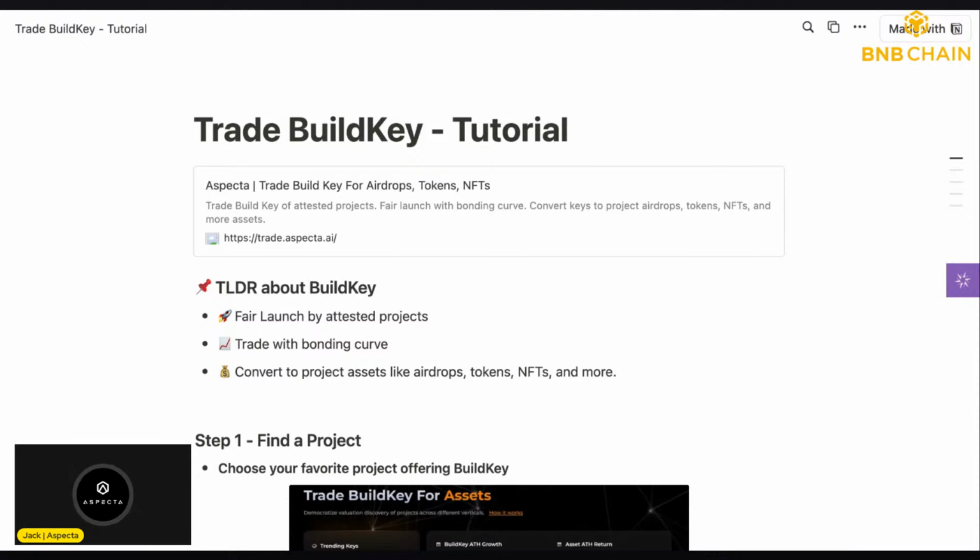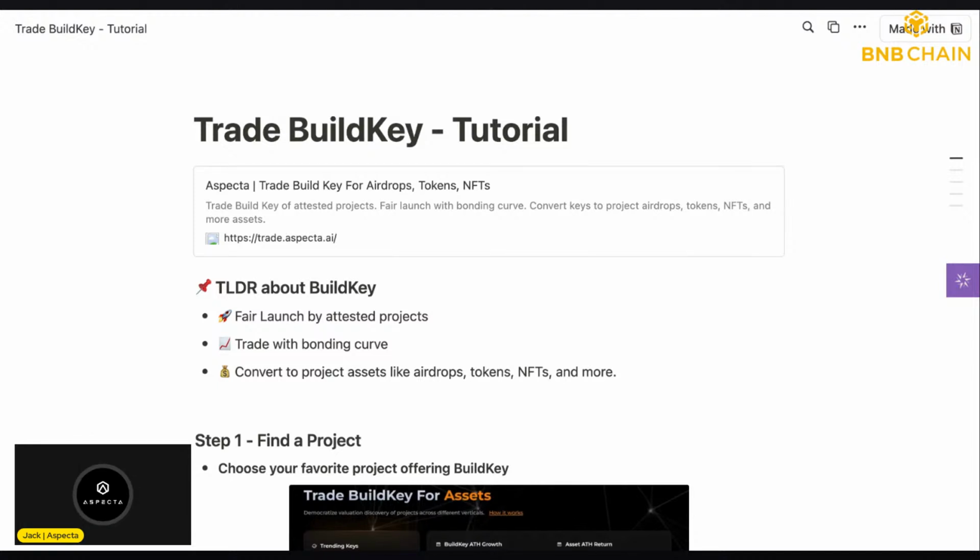So we use this way to help many real application projects backed by VCs rebuild trust from the communities. It's a very simple way to do this. And we can use build key in more ways to engage with the community.